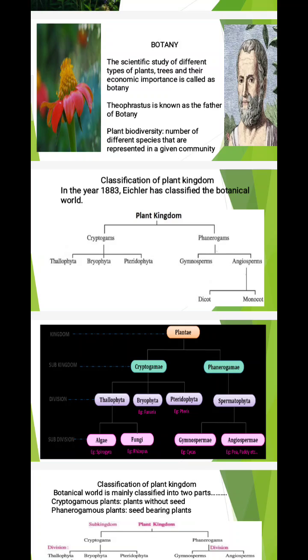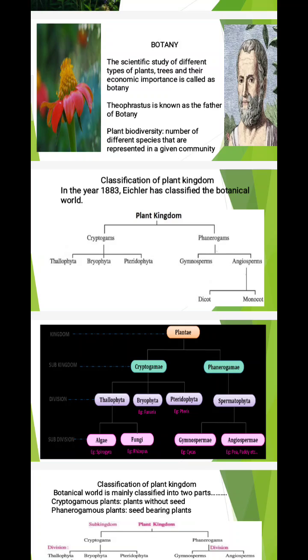One is the cryptogams and the second group is the phanerogams. Cryptogams are plants without seeds, and phanerogams are the seed bearing plants. So on the basis of seeds they can be differentiated into two groups: cryptogams and phanerogams.